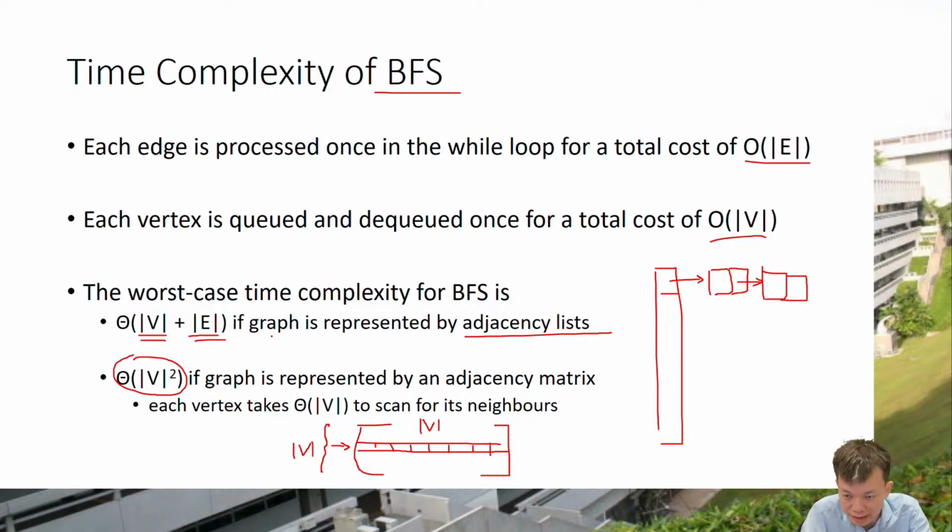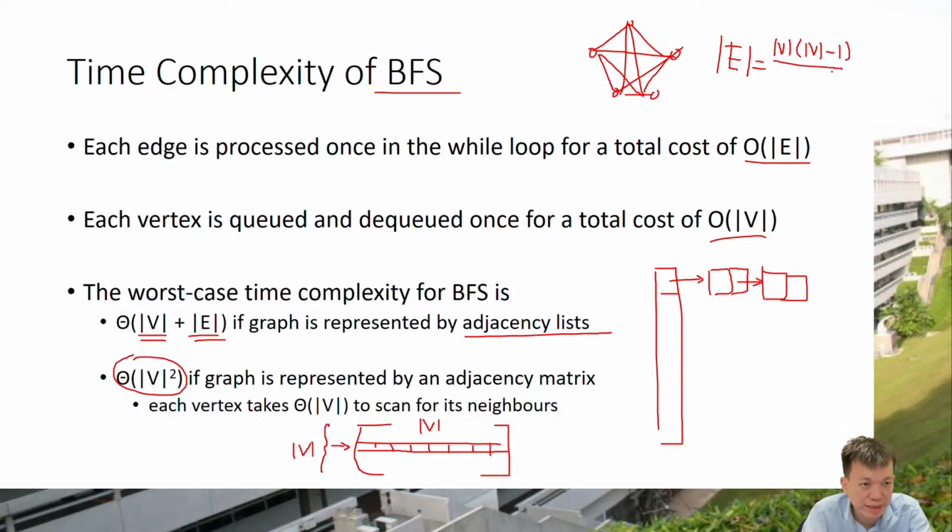But in the worst case scenario, if your graph is a complete graph, something like this, then E will be V times V minus 1 over 2, which has been mentioned earlier.